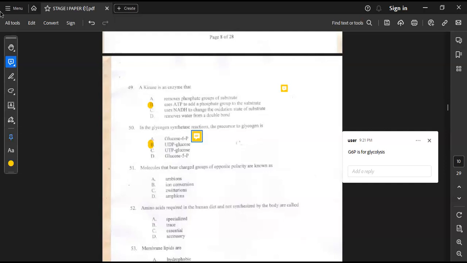This enzyme, glycogen phosphorylase, cleaves glucose from glycogen as glucose 1-phosphate. Then it is converted to glucose 6-phosphate, and then converted back to glucose.